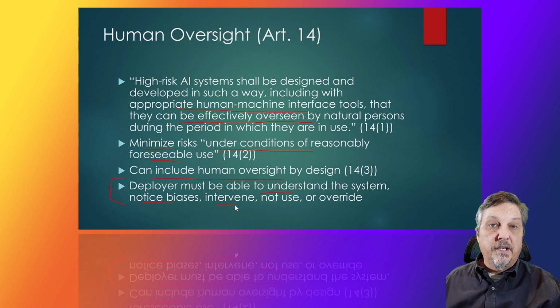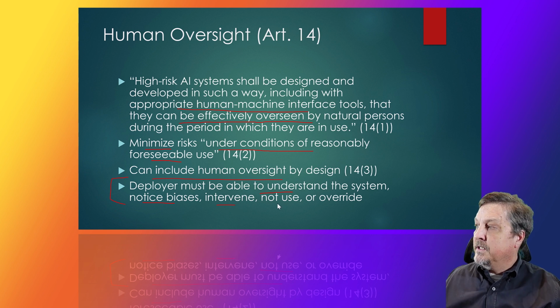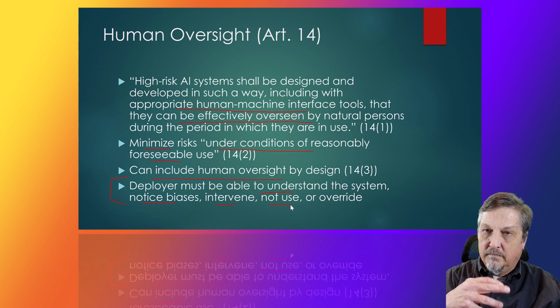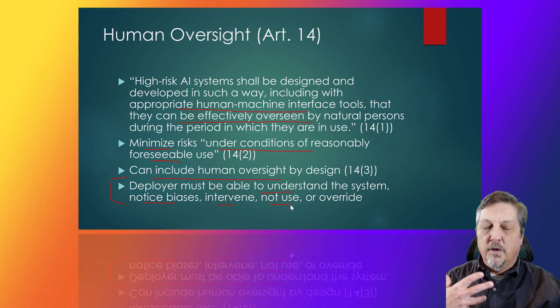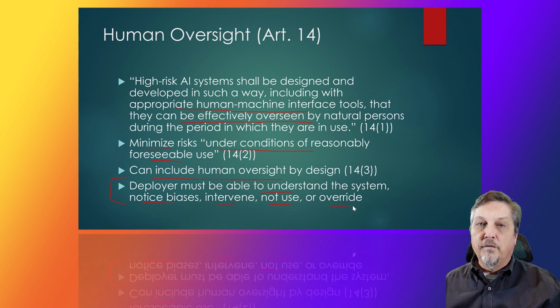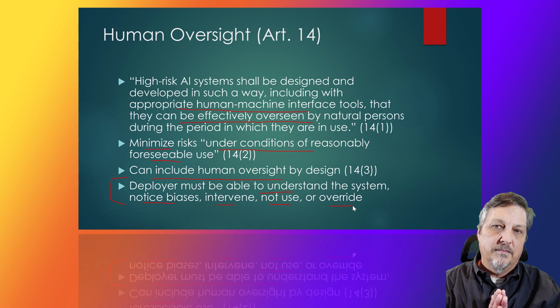has to have the ability to intervene in the operation of the system, to choose not to use the system in some context, whether it's making a decision or whether it's a safety override, and to be able to override or turn off the system.